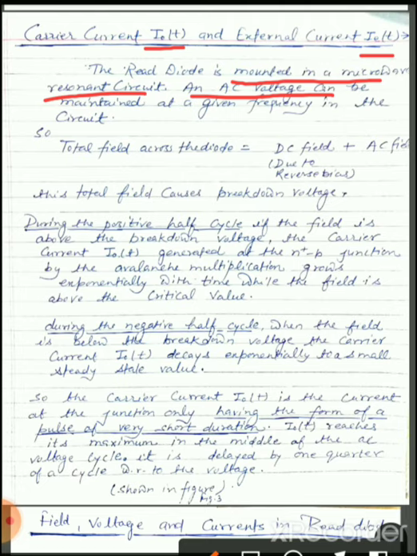In this condition, the total field across the Read diode will be the sum of the DC field and the AC field. The DC field is due to the reverse bias and the AC field is maintained in the cavity circuit. This total field causes the breakdown.